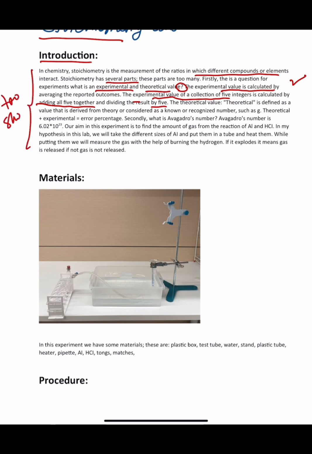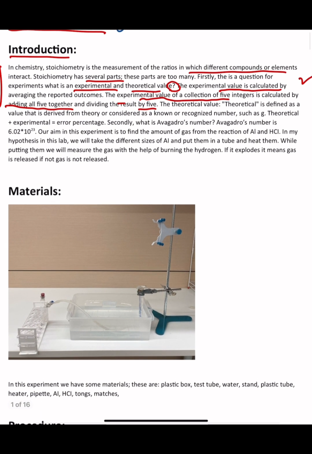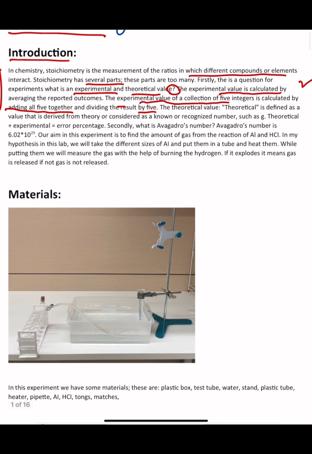Now we're going to look at whether they have given an aim and hypothesis in here. It says that our aim in this experiment is to find the amount of gas from the reaction of aluminum and hydrochloric acid.